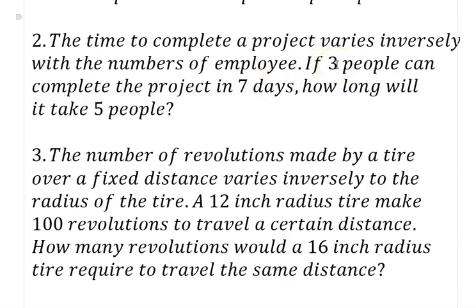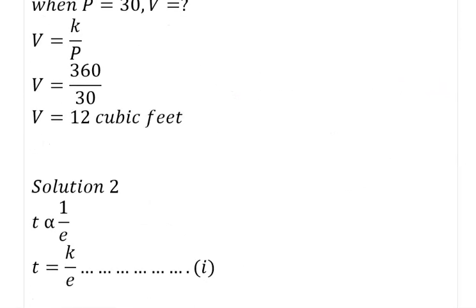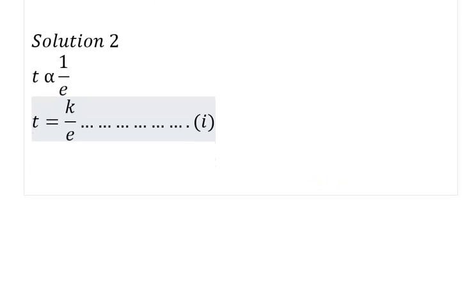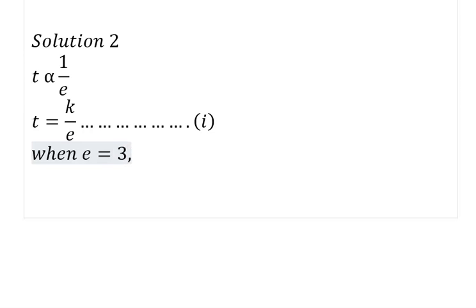When E is 3, T is 7. So with that, we can get the value of our K. When E is what? 3. T is what? 7.